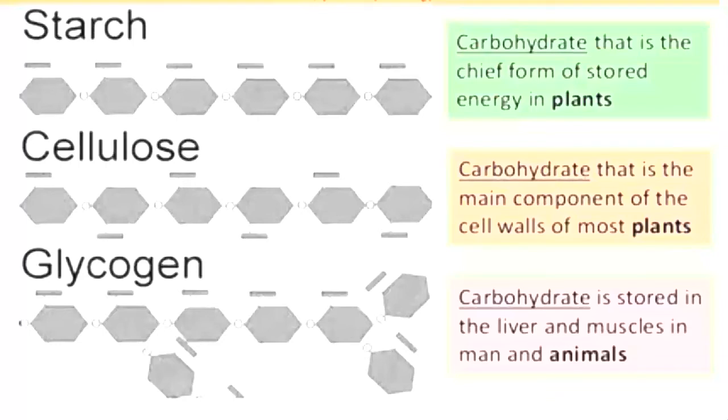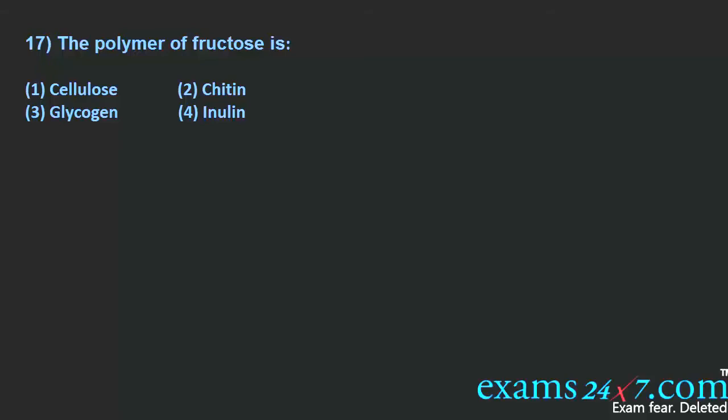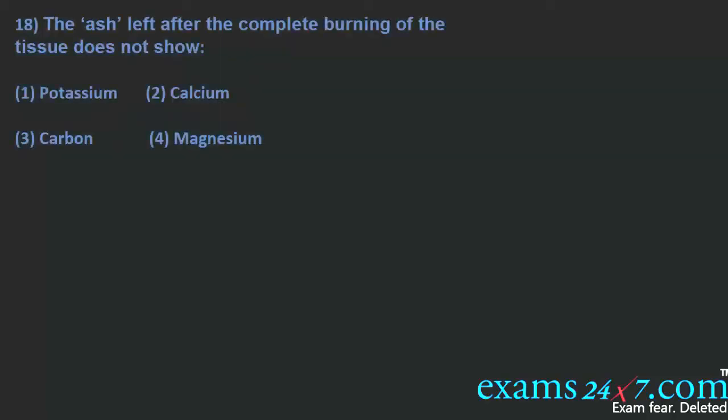Also when you talk about starch, starch also shows a positive test to iodine. Last one is inulin. Please remember it is inulin, not insulin, which is a polymer of fructose, and thereby option 4 is correct. Now we move on to question number 18.